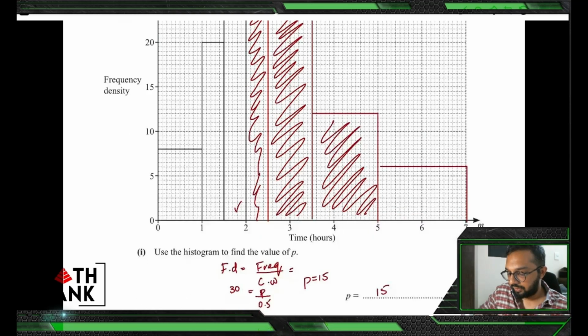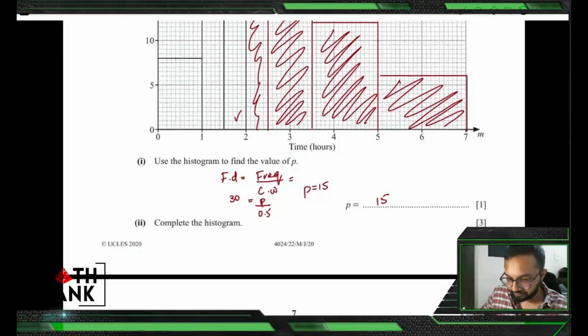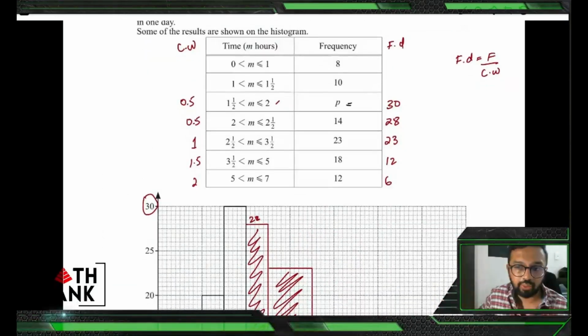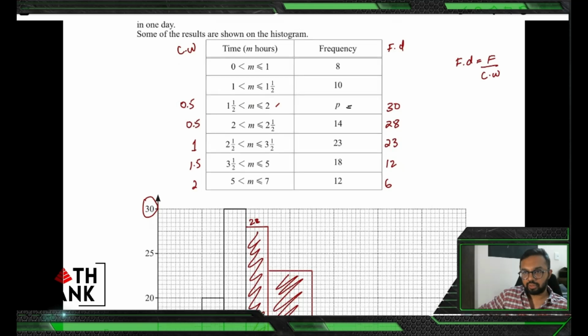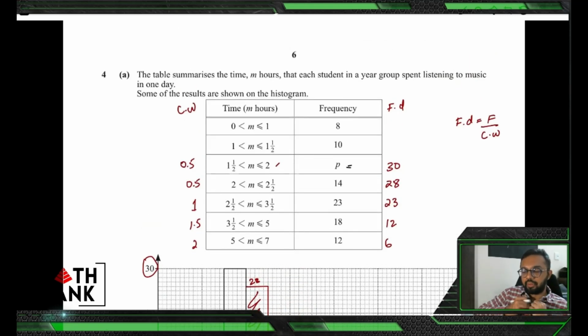Okay, so that is the other part. So that's the complete histogram. Make sure that you show your working. Don't just rush through the question and rush to a final answer. Okay.